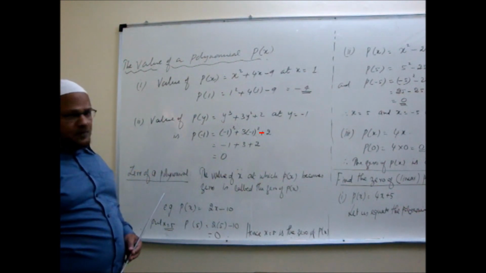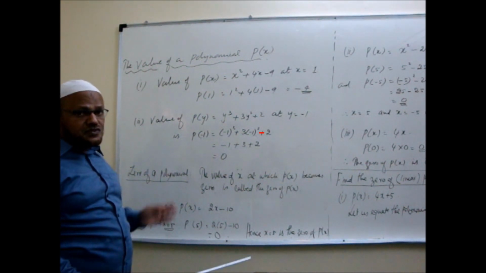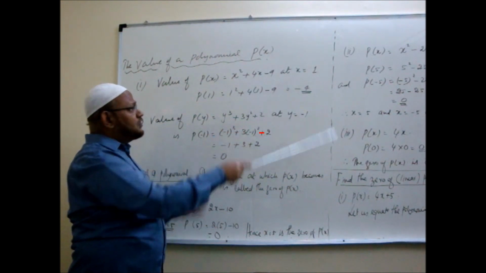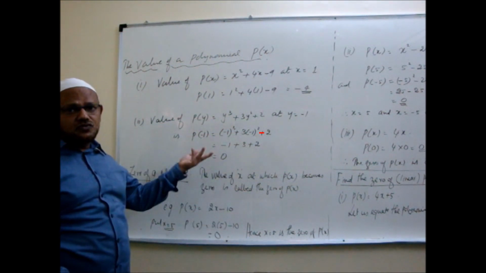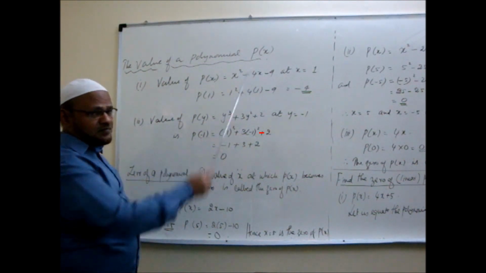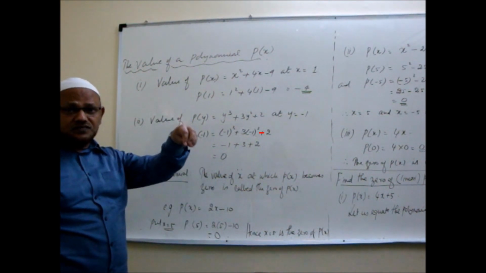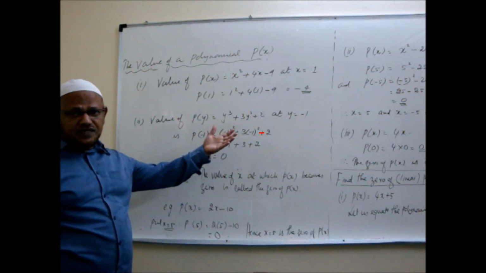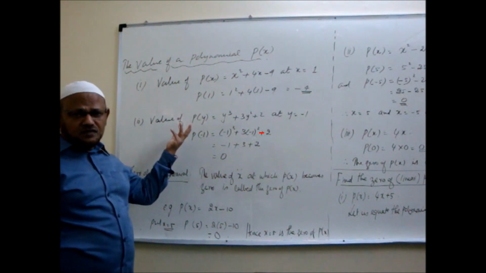So the value of the polynomial p of x at x equal to 1 is minus 4. If I am given some other value, x equal to 2, I substitute x equal to 2. That is the value of the polynomial at the given value of the variable. For different values of the variable, we get different values of the polynomial.